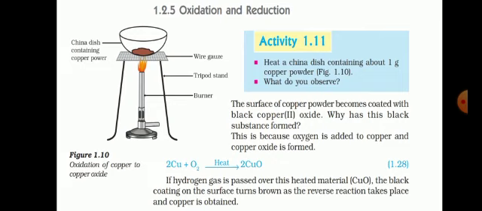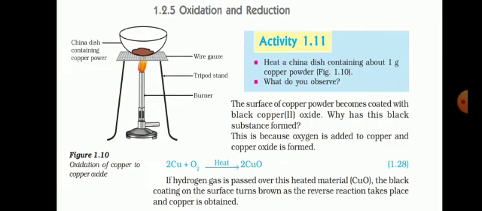When you are heating it, you are going to get copper oxide as a result, as copper burns in the presence of oxygen. The surface of the copper powder becomes coated with black copper oxide.